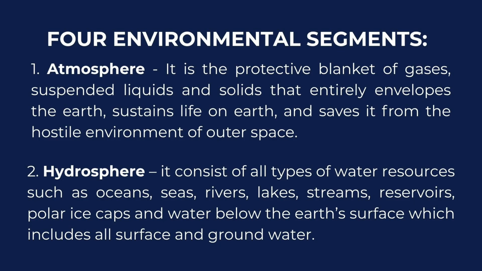So we are aware about the ozone layer, right? And it is part of the atmosphere. So the ozone layer sits in the stratosphere because there are five parts of the atmosphere.